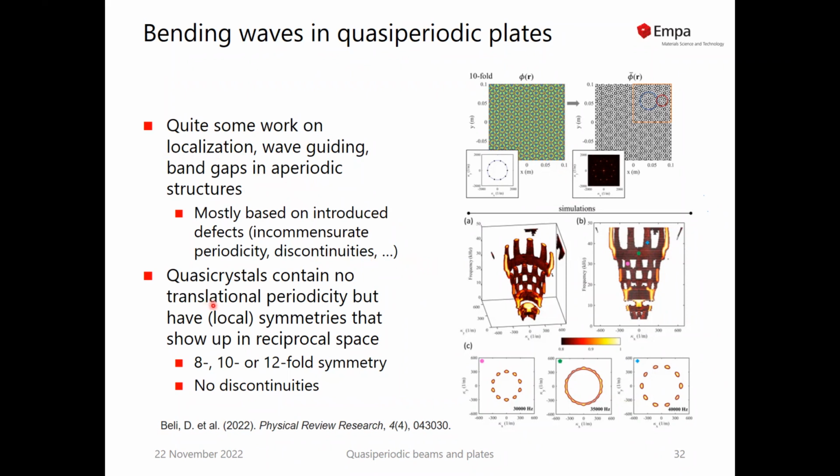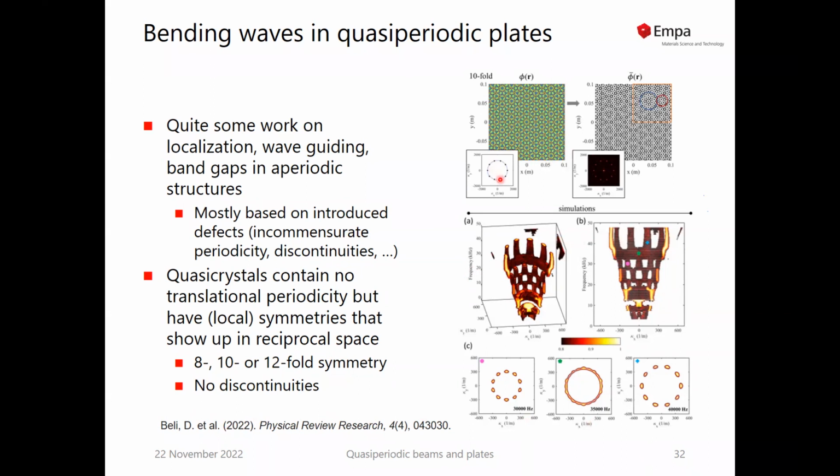These two-dimensional quasicrystals, what's nice about them is that when you look once again at the reciprocal space, you get symmetries that are not known from fully periodic crystals. So you can have 8, 10, and 12-fold symmetries in the reciprocal space. And this is basically the idea of this work here from this year.